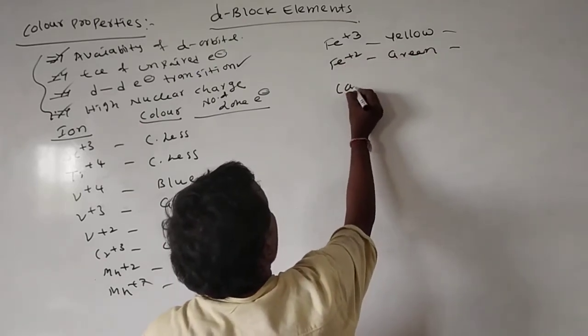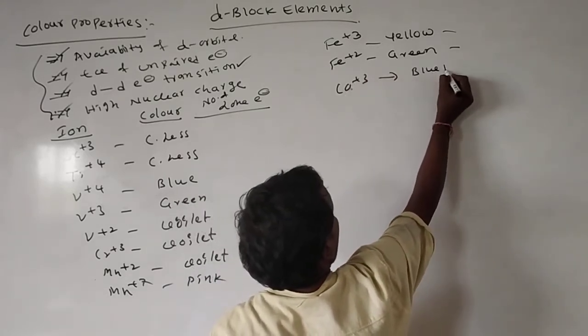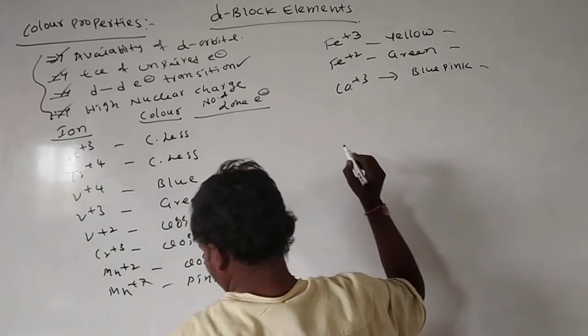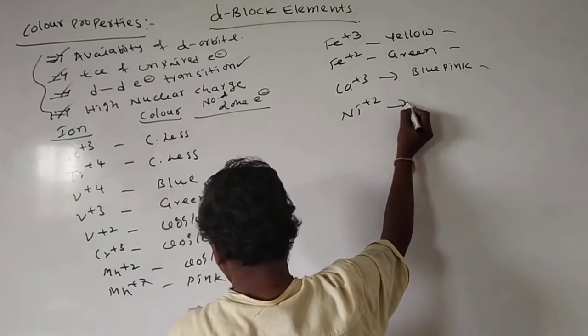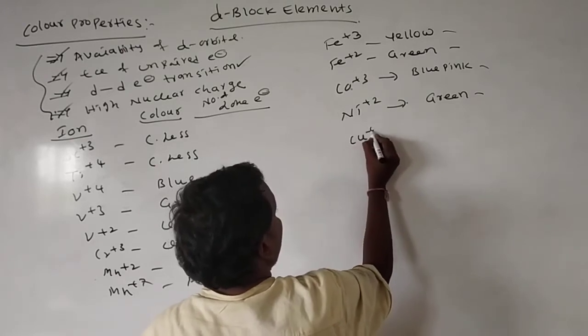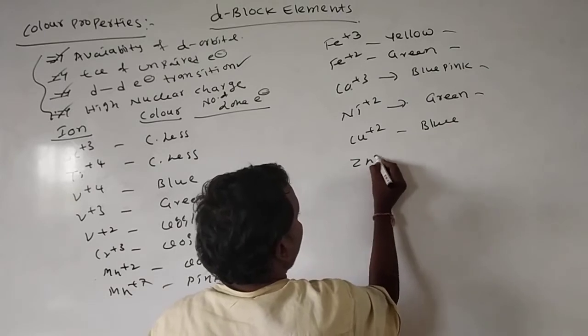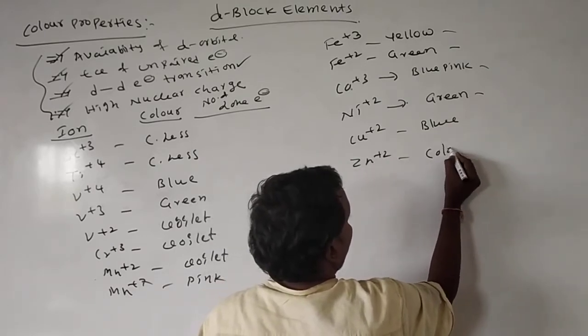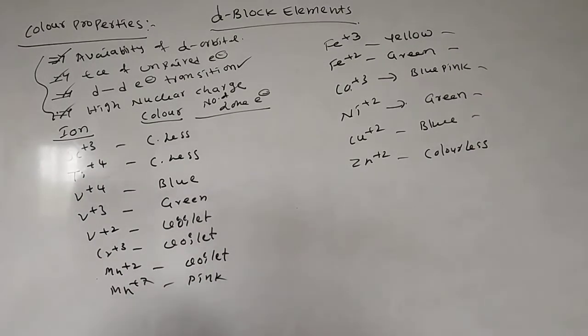Next, cobalt +3, blue pink. Next, nickel +2, green color. Next, Cu +2, blue color. Next, zinc +2, colorless. Okay, these are the different colors of different ions.